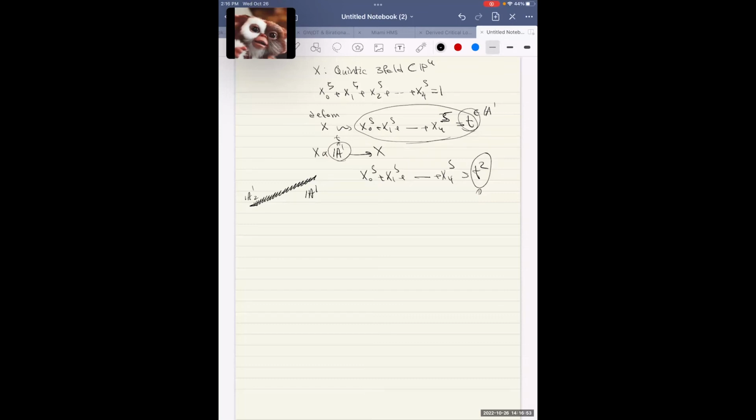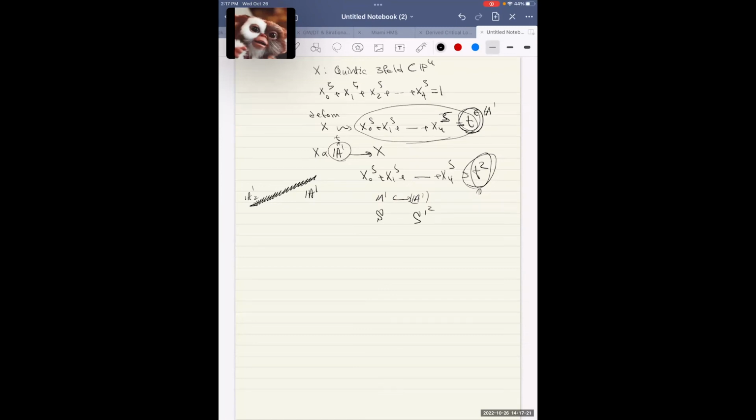So now I have my quintic threefold, and I'm defining some sheaves on it, and I deform it, and then I parameterize it over A1, and I parameterize it over a fattening of A1. So this is A1, and this is the thickening of A1 of order 2. So this is my S, and this is my S prime.